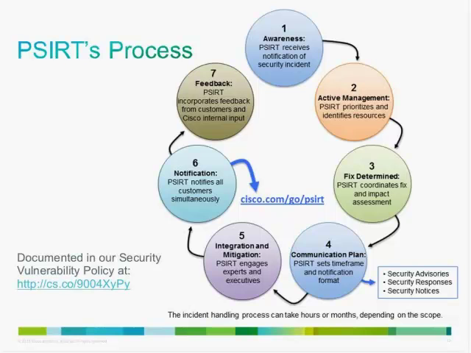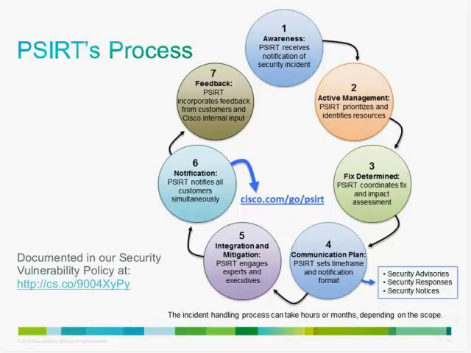Then, once we have done that, of course, we create a communication plan based on the priority or the risk of the vulnerability. And then we publish that vulnerability either via a security advisory, which is for high severity issues, a security response in case we are responding to an industry-wide event, or security notices, which are aimed at low to medium severity vulnerabilities.